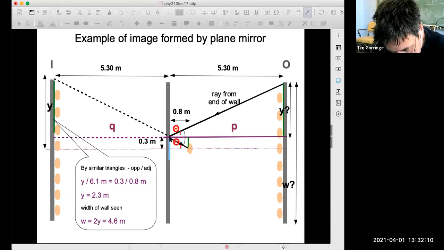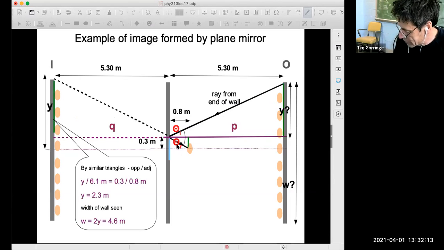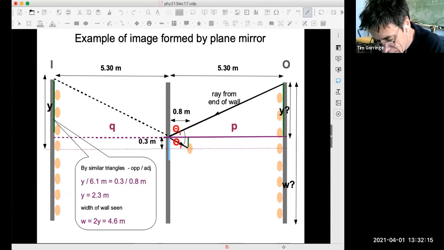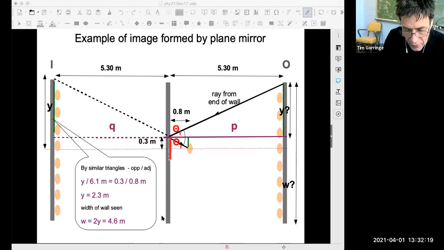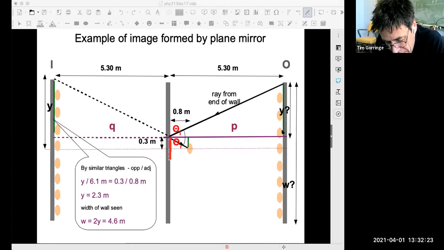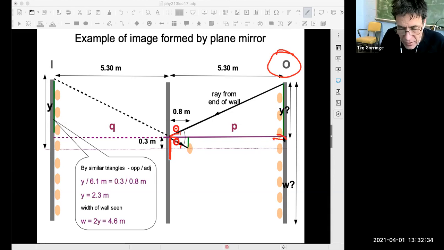Here was the mirror, right in the center of this diagram. Here's the object, the choir, over here on the right, and the distance from the mirror to the object along the optical axis is what we call P.